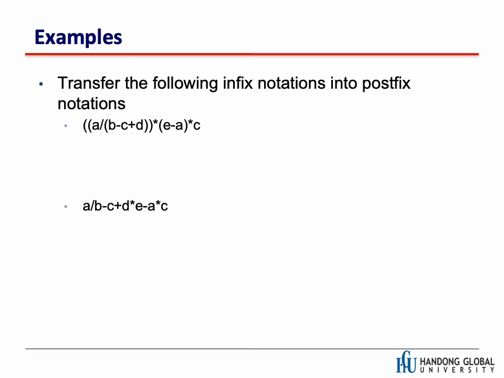So A, B slash, and C, and then minus, because minus goes before this plus operator. So A, B slash, C minus, then D, E, and then star, and then plus, and A, C, star, minus.